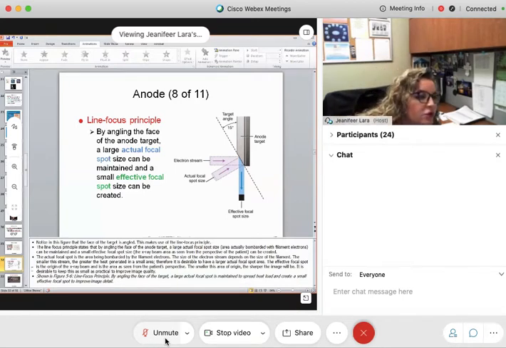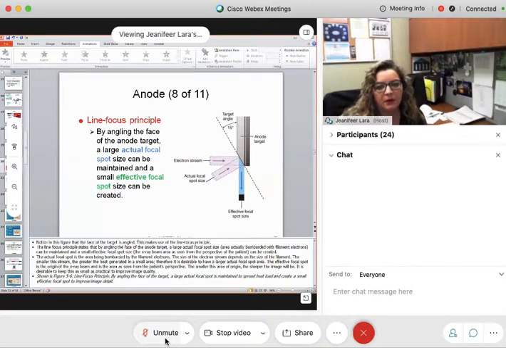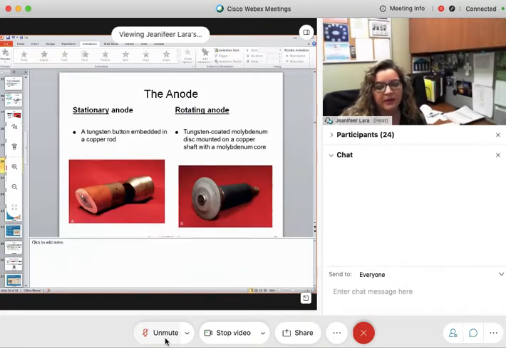Okay. So whether we're talking about a stationary anode or whether we're talking about a rotating anode, there is an angle that the target is positioned. On the stationary, you can see this angle of the target, right? It's slanted down.